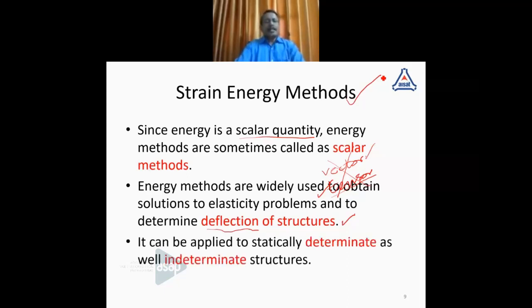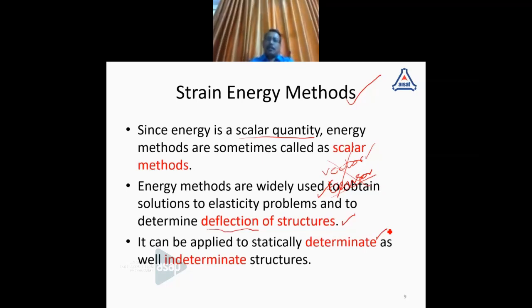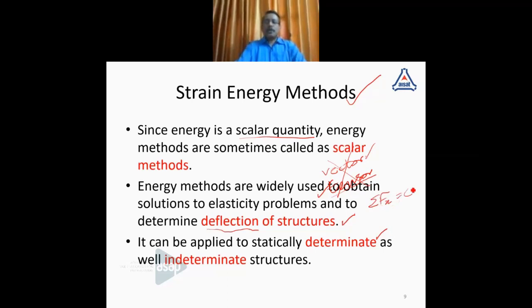And another major advantage of strain energy method is it can be used for statically determinate as well as indeterminate structures. Now, what is a statically determinate structure? Statically determinate means we have used equations like sigma Fx equal to 0 to evaluate the forces acting along a particular direction.